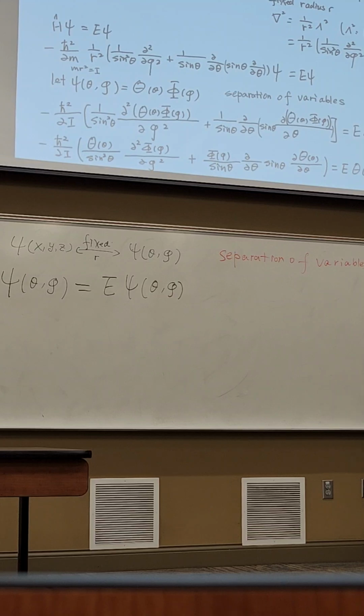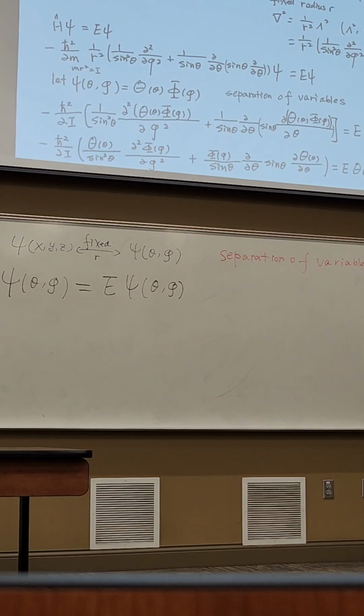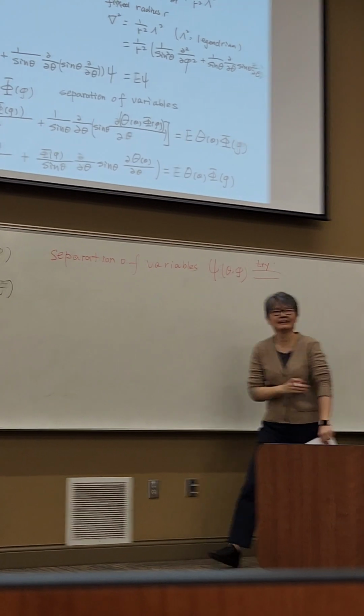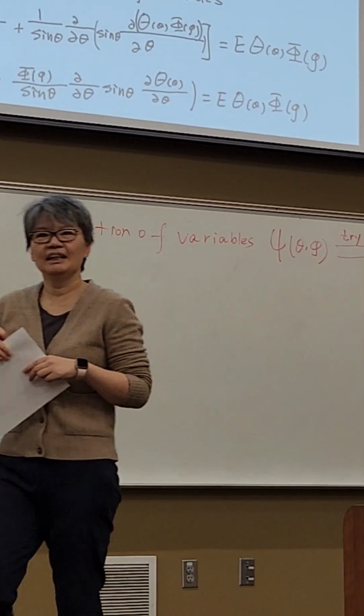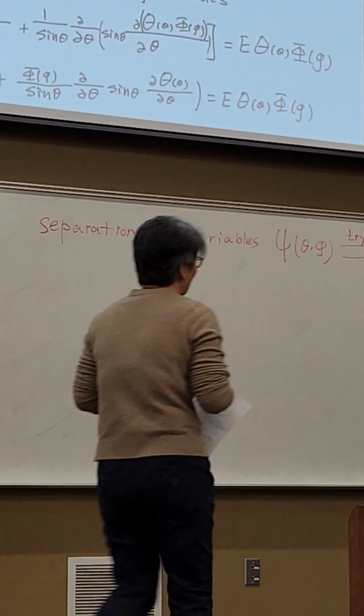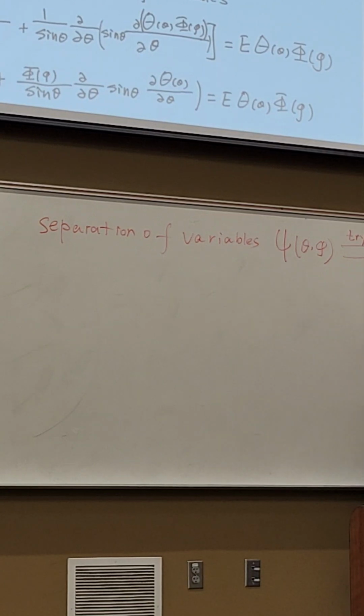separation of variables. What does that mean? Instead of a function that depends on two variables, let's try if it is true that this can actually be considered as a product of two functions. Each of the functions only depends on one variable. So that is the trick.